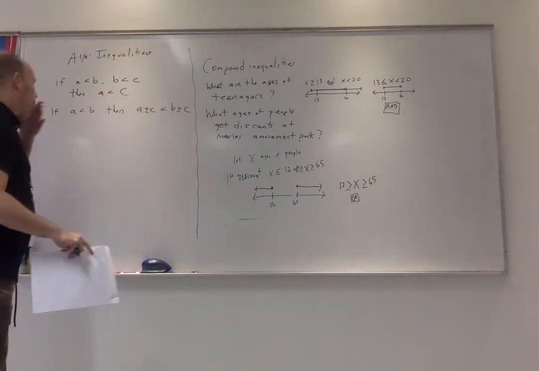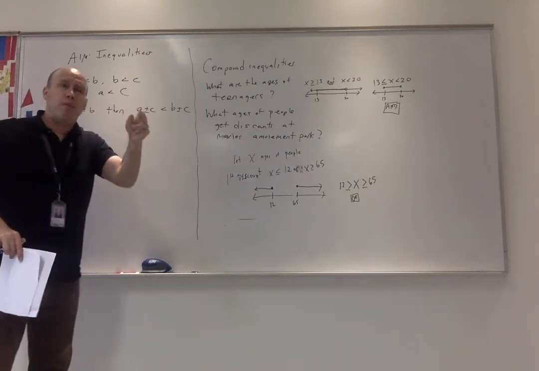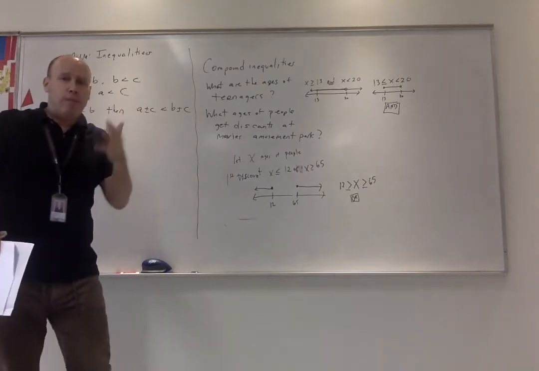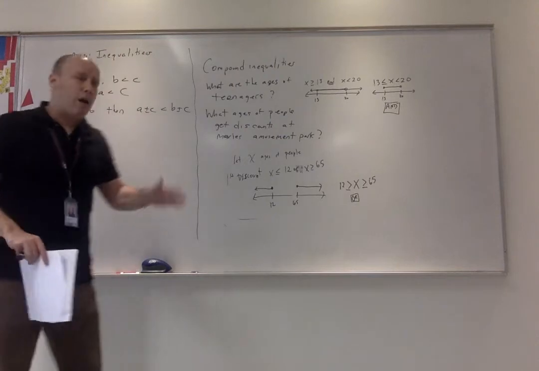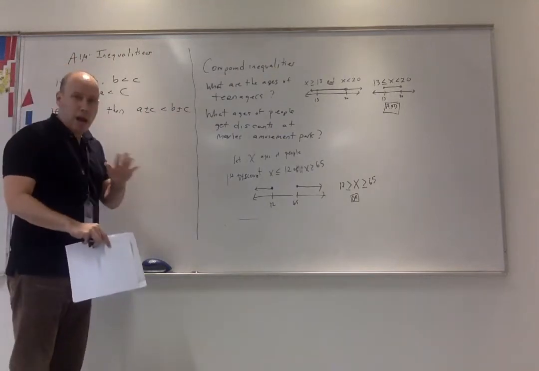That's something we really need to think about, this is a relationship. Until recently, you've been maintaining equality. Now I want to maintain the inequality. And so adding and subtracting does not affect that.